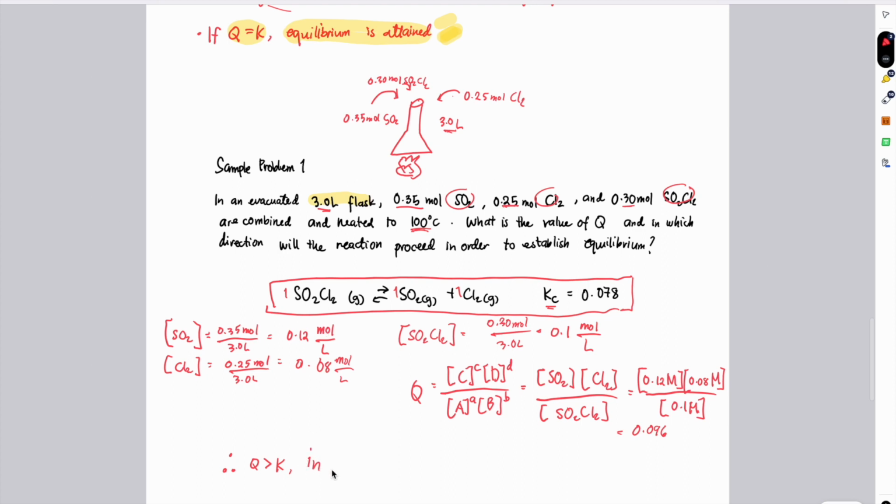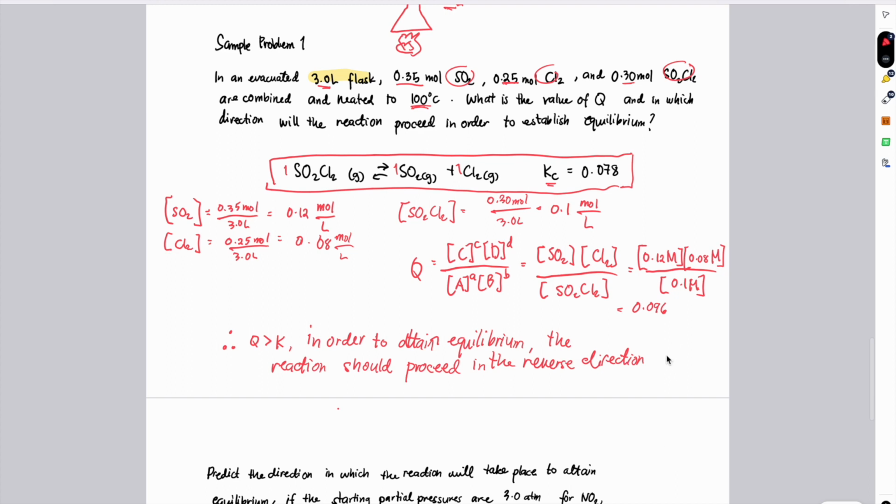In order to attain equilibrium, the reaction should proceed in the reverse direction at what?